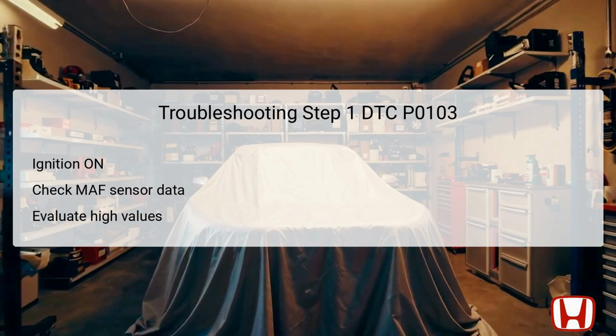The reading should be about 202 grams per second, g/s, or show voltage levels of 4.89 volts or more. If these readings meet or exceed these values, the failure can be considered replicated, allowing the troubleshooting process to continue to the next step.